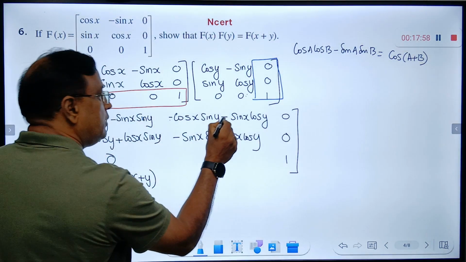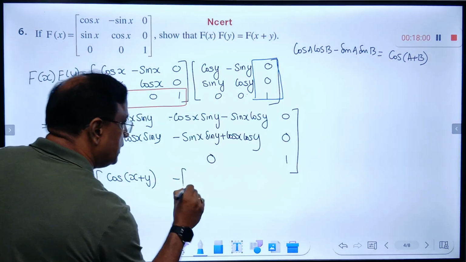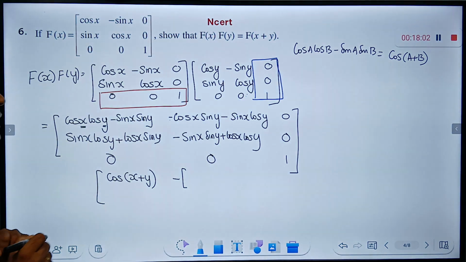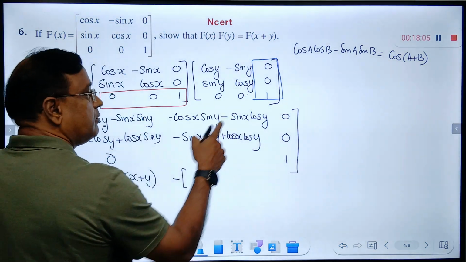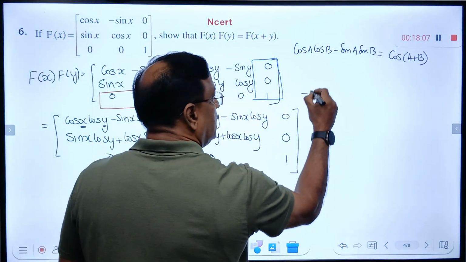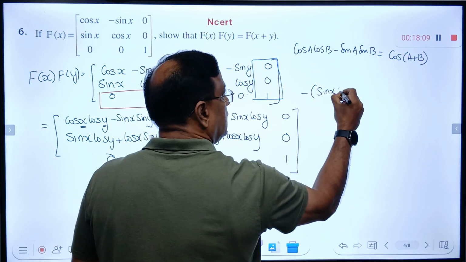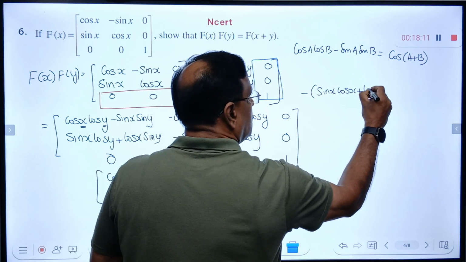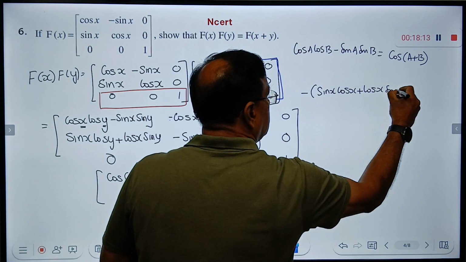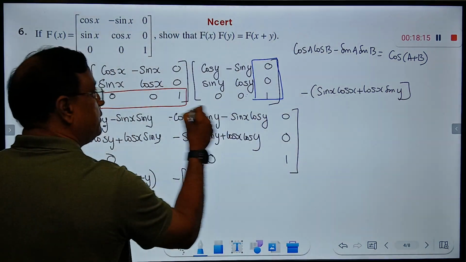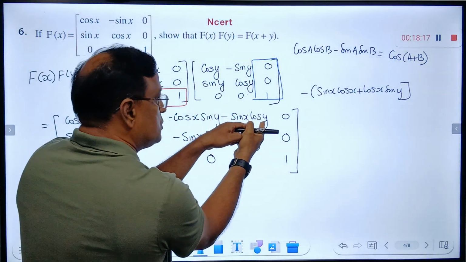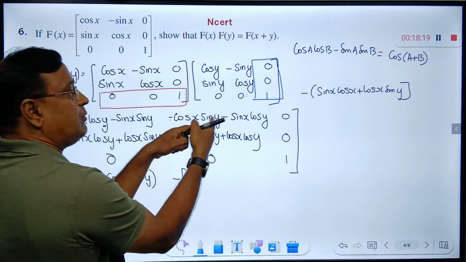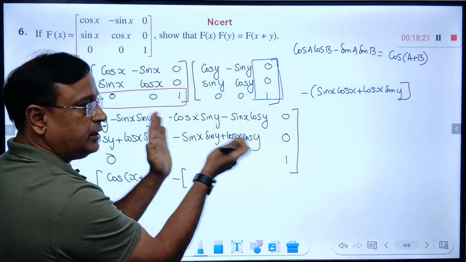Now here what I do, I take minus outside. When I take minus out, I get sin x cos y plus cos x sin y, correct? Everything will become plus, so I can rearrange and write.